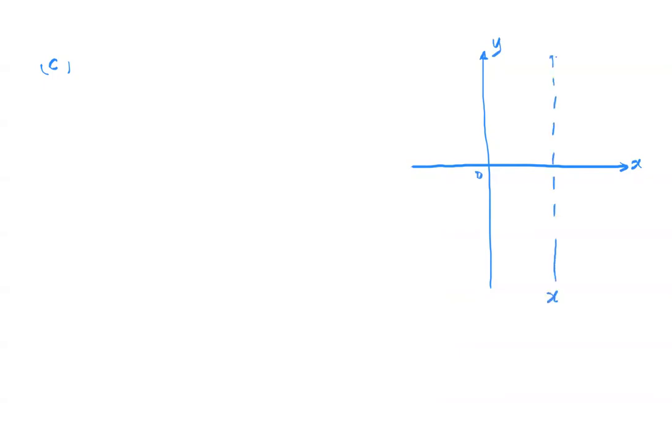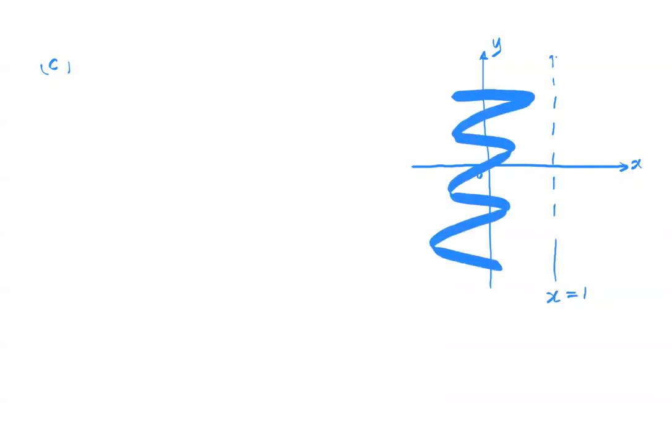Okay, let's talk about C. So I have a situation like that. This is my x, this is my y. My vertical asymptote is x equal to 1, so I will have the graph only in this region.